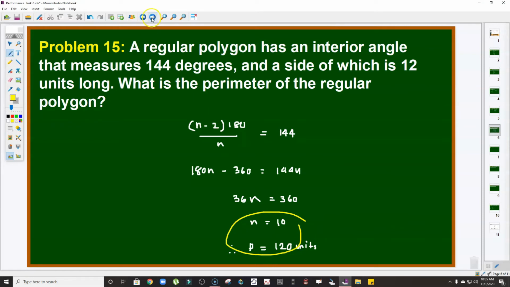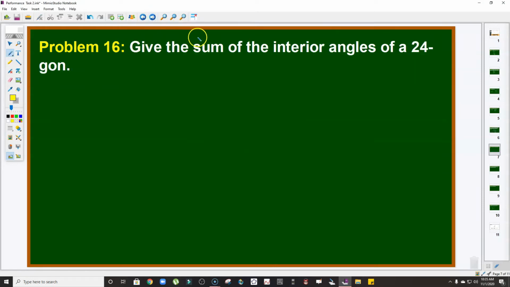Alright, so problem number 16. Give the sum of the interior angles of a 24-gon. Well, this is easy if you memorize the formula. All we have to do is get the value of S. So that is (n minus 2) times 180.